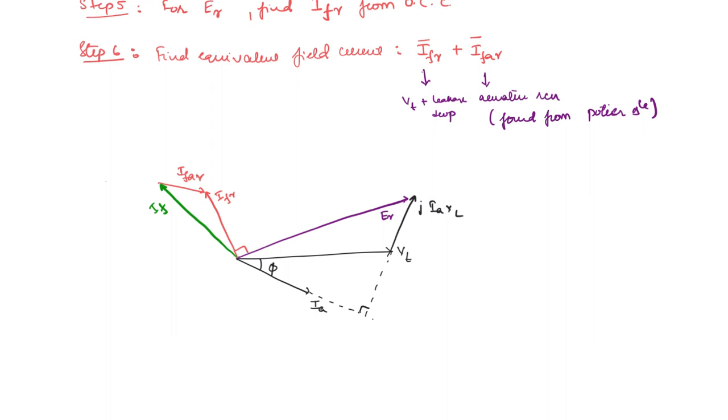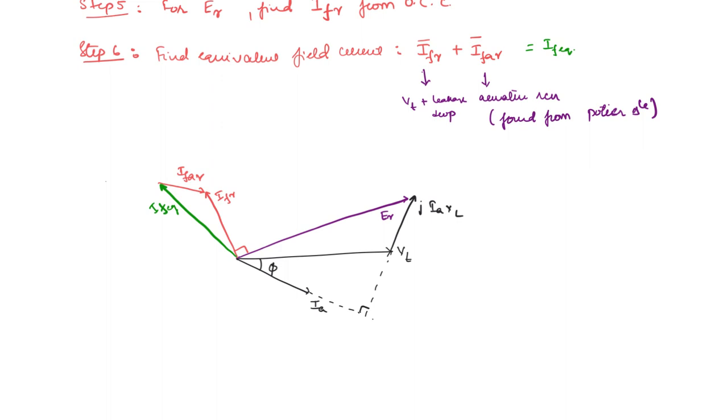Let us write this as IF equivalent. So finally, once you find out this equivalent field current, you will get the corresponding open circuit voltage from the OCC.